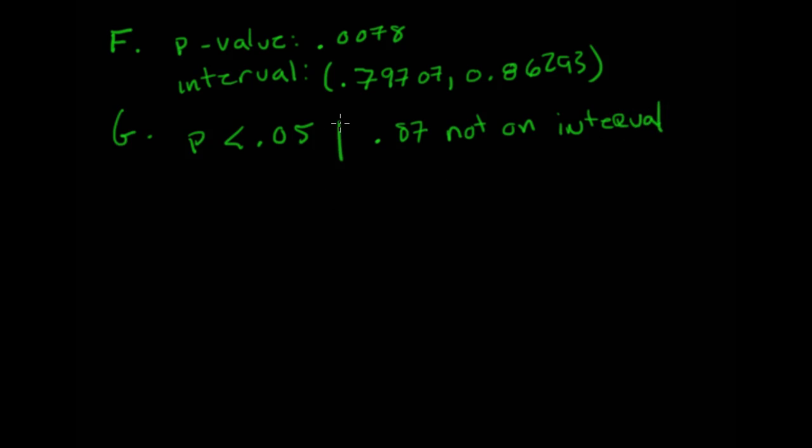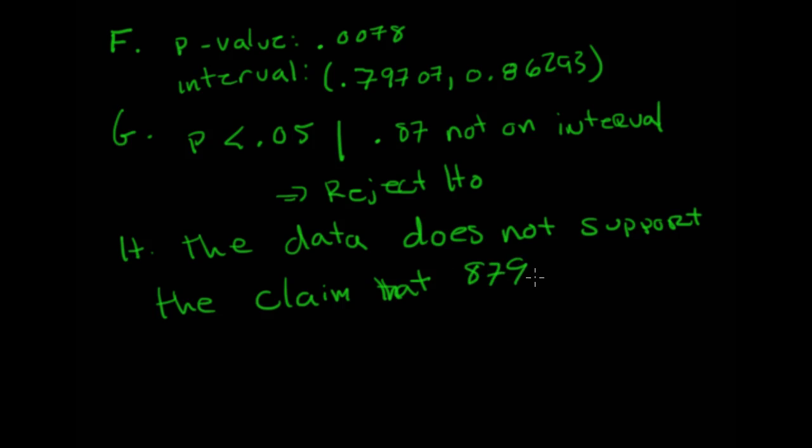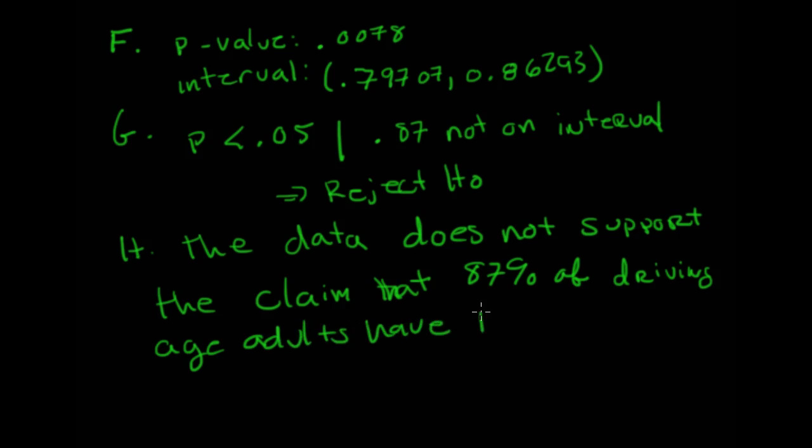So both tests are telling us the same thing, that we should reject the null hypothesis, which means part H, the data does not support the claim that 87% of driving age adults have licenses.